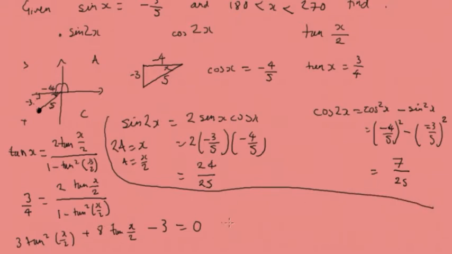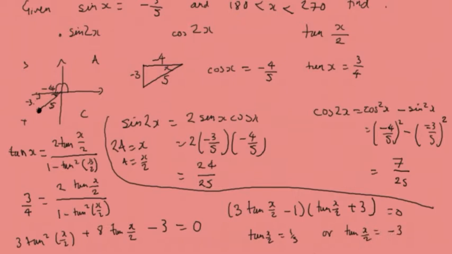This here is a quadratic equation, so solving this quadratic equation, we get 3 tan x over 2 minus 1 and tan x over 2 plus 3 equals 0, and that gives us tan of x over 2 equals a third, or tan of x over 2 equals minus 3.